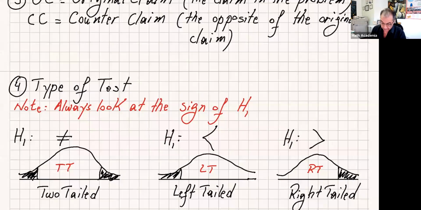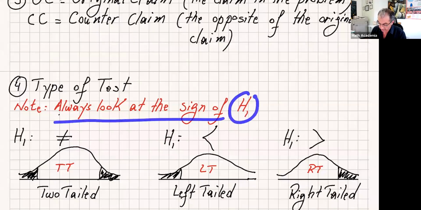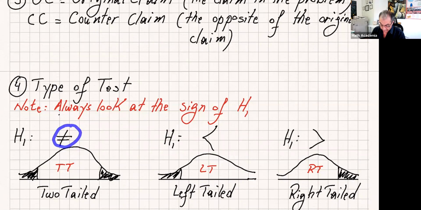Step number 4, type of test. To see what type of test we are dealing with, you always look at the sign of H1. So now let's go over this. If the sign of H1 is not equal to, then you're dealing with a two-tailed test.